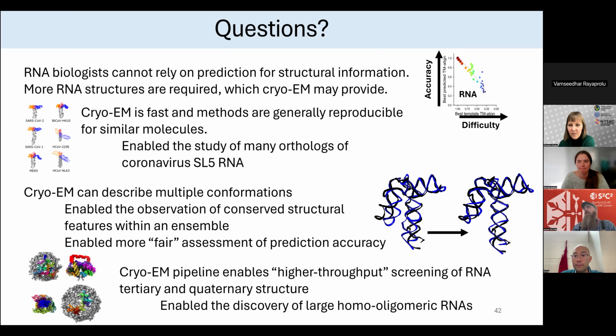The next question is, does the electron density have enough features to distinguish an AUCG sequence? Yes, at certain resolutions. The difference between an A and a G, you can start to see at roughly 2.5 angstroms.